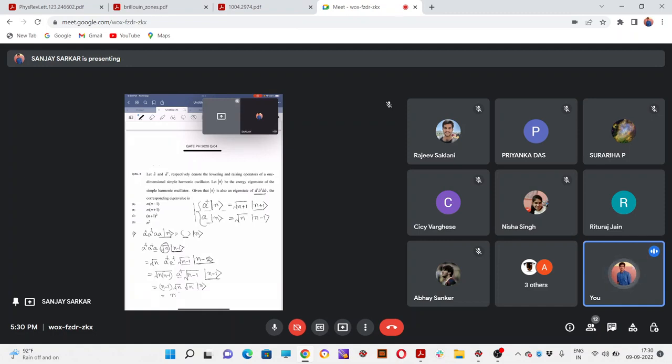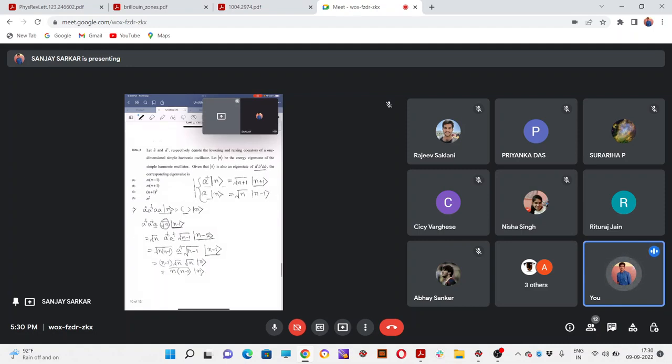So this is n into n minus 1. So this is the eigenvalue of this operator a dagger a. So what we get is n into n minus 1. So option A is correct.